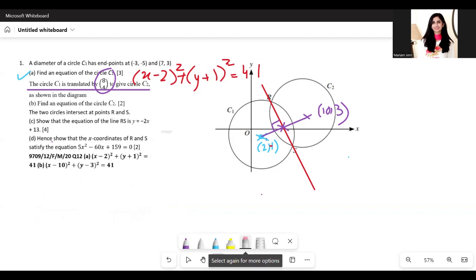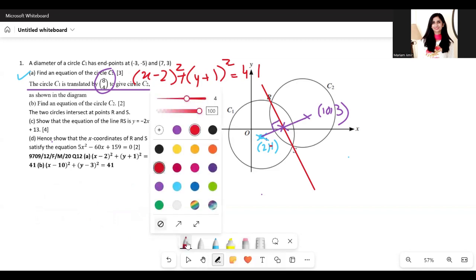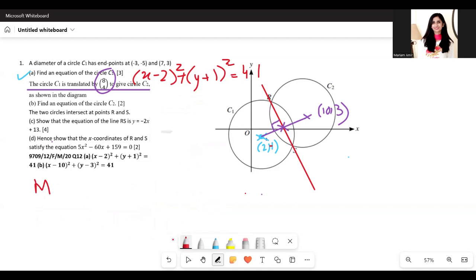Okay, so quickly, the midpoint is going to be (10 plus 2) divided by 2, comma, (-1 plus 3) divided by 2. So we get (6, 1).